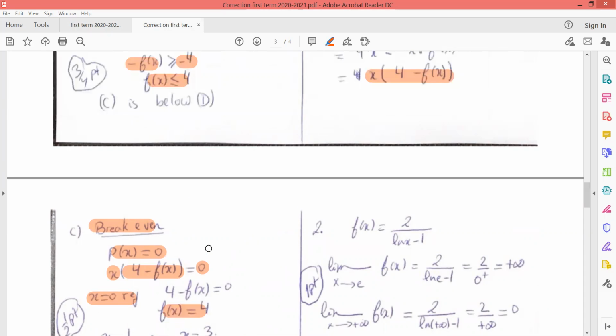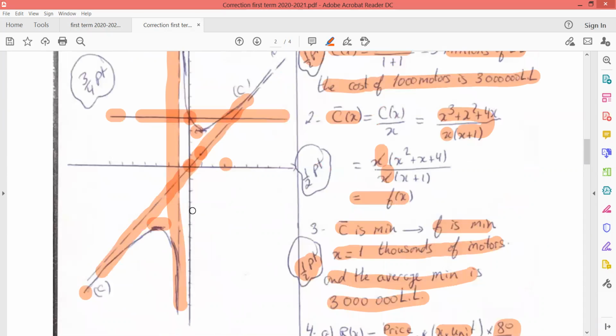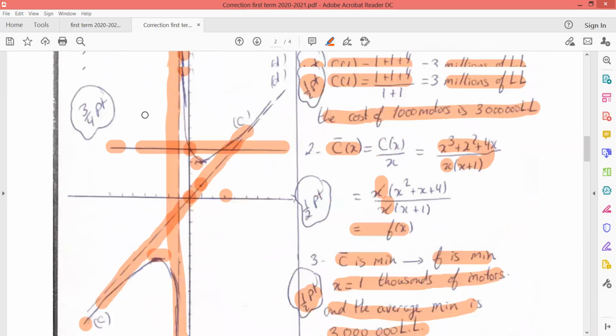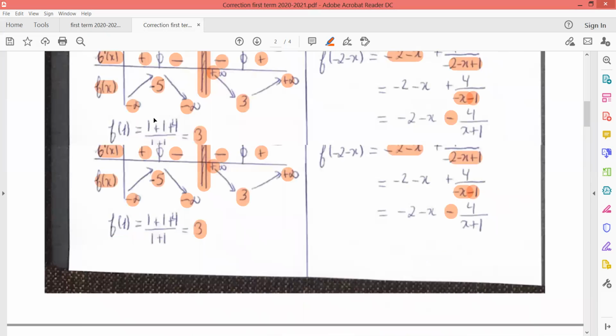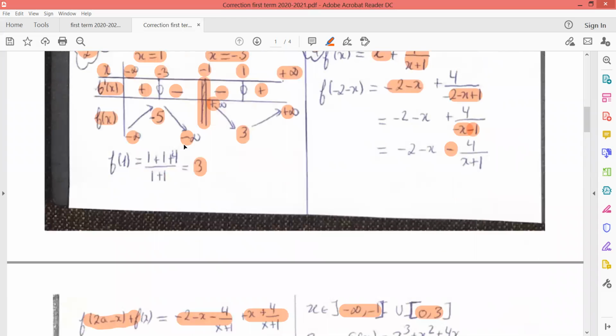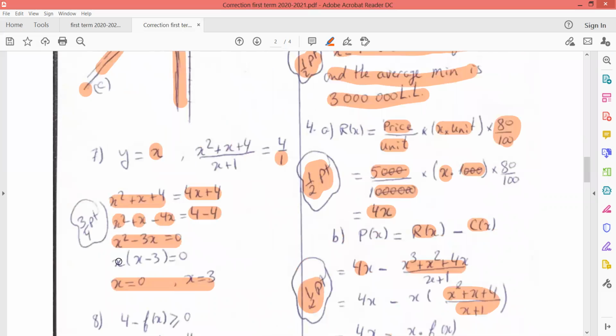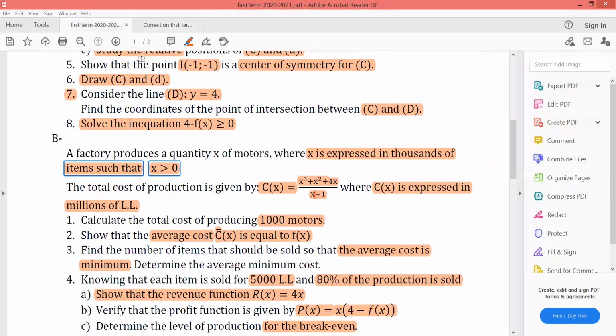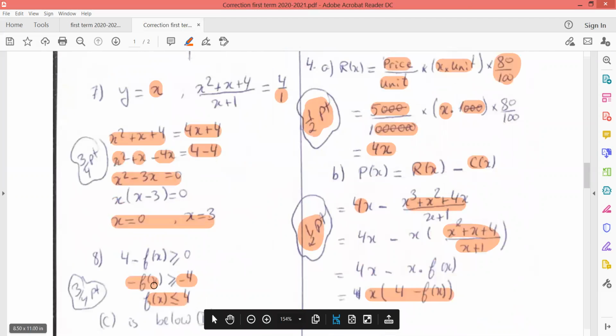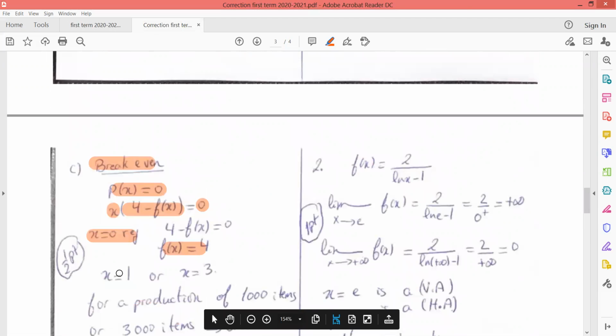We found f(x) equal 4 from the previous part. We get x equals 0 and x equals 3. Here it is not 1, so this is wrong. x equal to 0 or x equal 3.